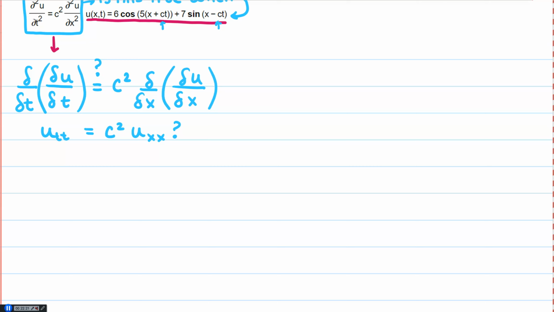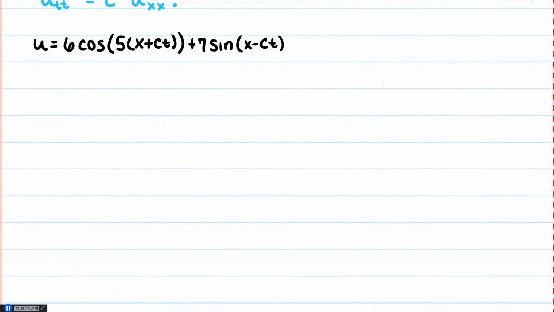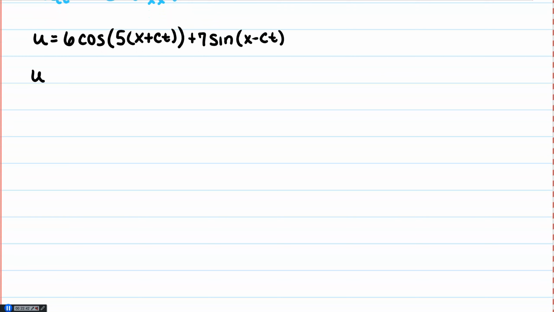Our u function is 6 cosine of 5 times (x plus ct) plus 7 sine of (x minus ct). So if I want u sub x, that means pretend t is a number, a fixed value.